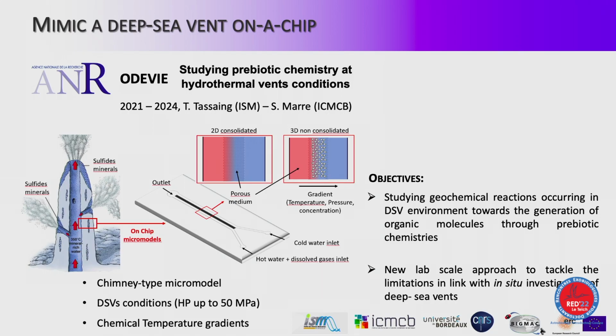Here is a picture of those chips. You see that they're really tiny and can go under the microscope. Those high pressure microfluidic setups are a new lab scale approach to tackle the limitations of in situ investigation at deep sea vents. They are used mostly for prebiotic chemistry, but we intend to extend them to deep sea microbes.